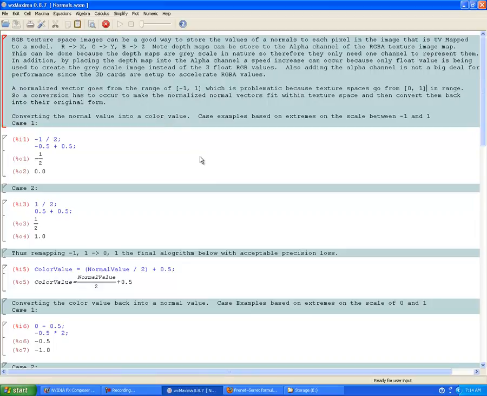But anyways, let's look at how to convert this so that it fits within the ranges that we're looking for. Alright. So if you think about it mathematically, let's take our extreme ranges first.